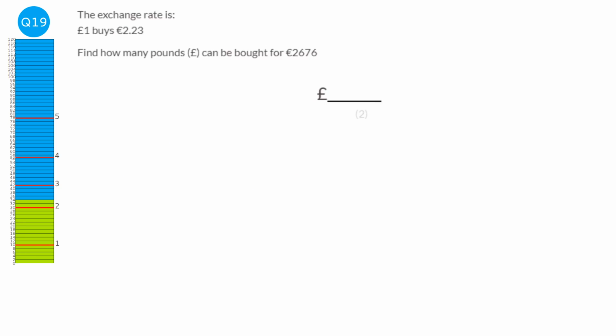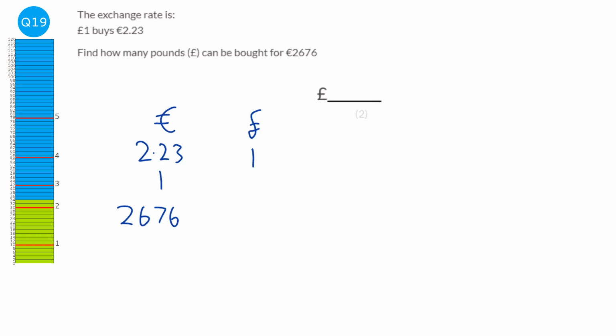In this question we've got euros and we've got pounds, and we're told that £1 is 2.23 euros, and we're trying to understand what 2,676 euros is in pounds, and we're going to do that by finding out what €1 is and then finding out how much 2,676 are.